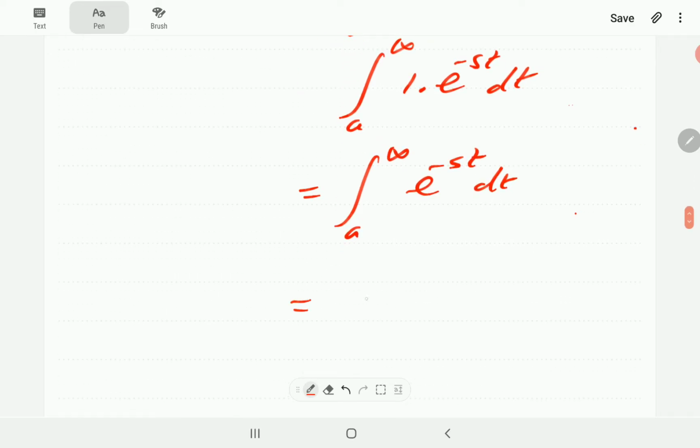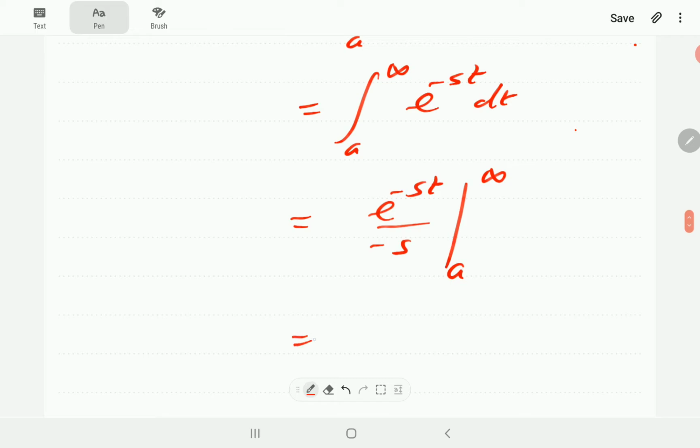This, of course, we can integrate straight away. It's going to be that, evaluated between a and infinity. In the limit as t goes to infinity, this thing goes to 0.